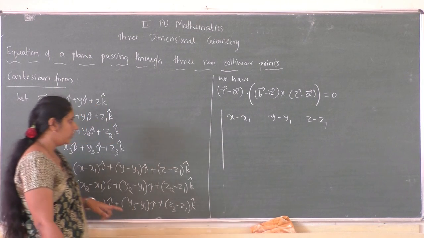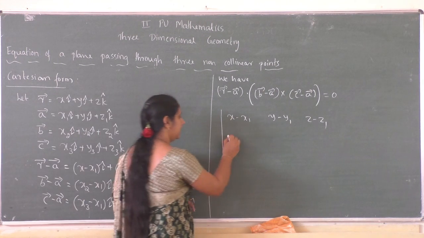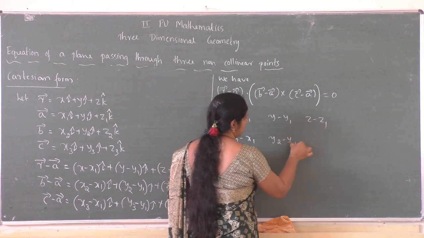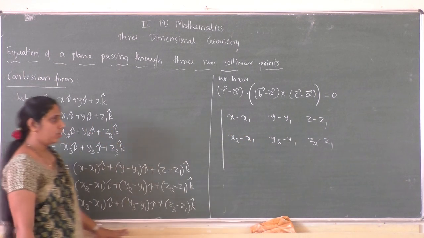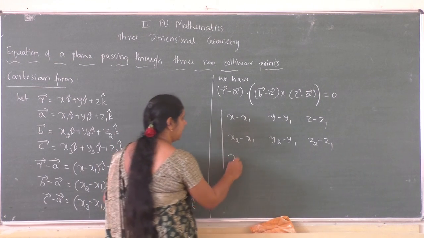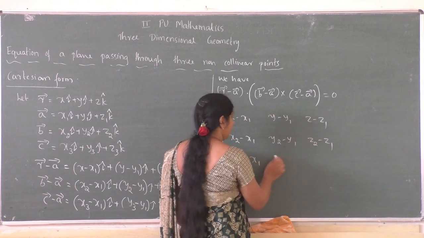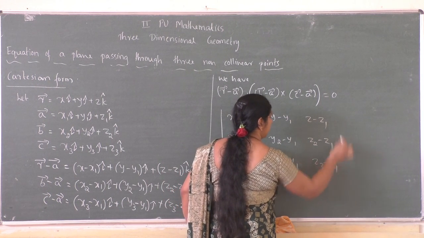In the second row, the coefficients of B vector minus A vector: x2 minus x1, y2 minus y1, z2 minus z1. And in the third row, the coefficients of C vector minus A vector: x3 minus x1, y3 minus y1 and z3 minus z1.